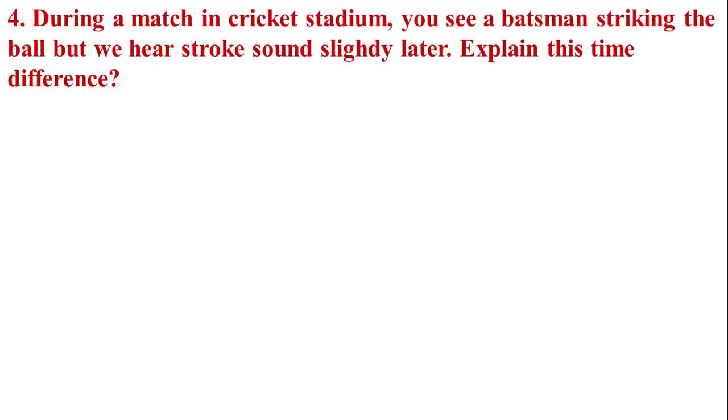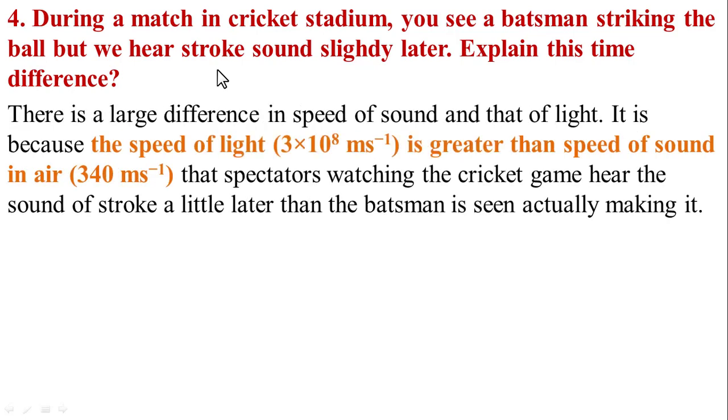In question number 4, during a match in a cricket stadium, you see the batsman striking the ball, but hear the stroke sound slightly later. Explain this time difference. There is a large difference between the speed of sound and that of light.